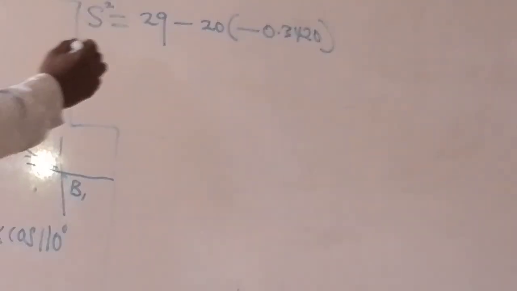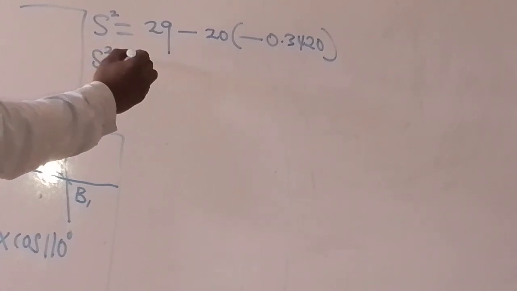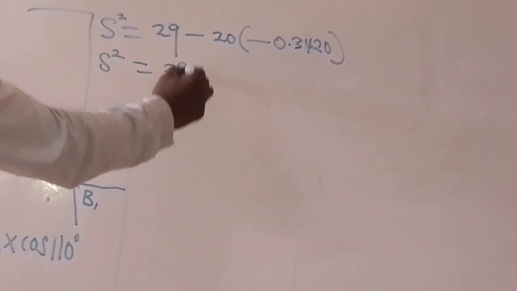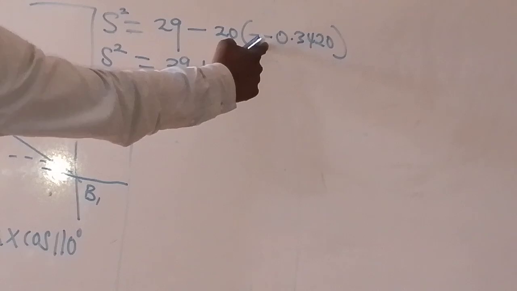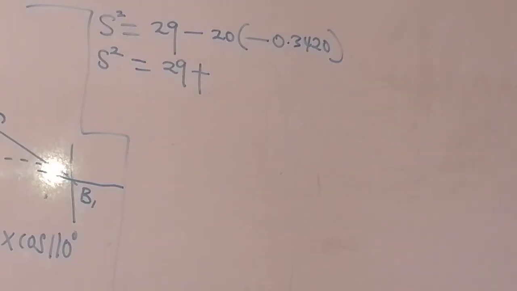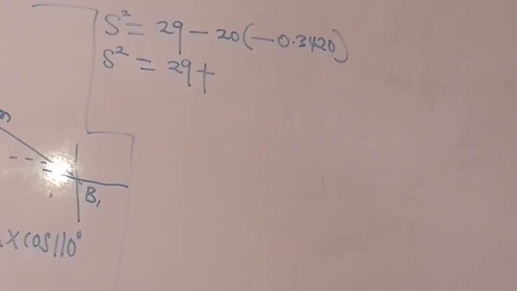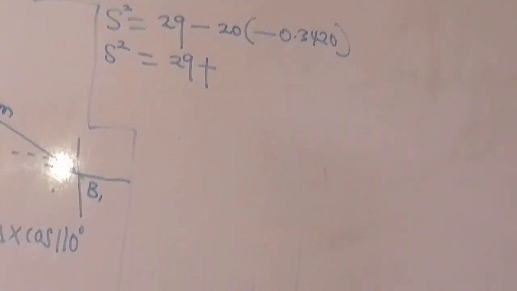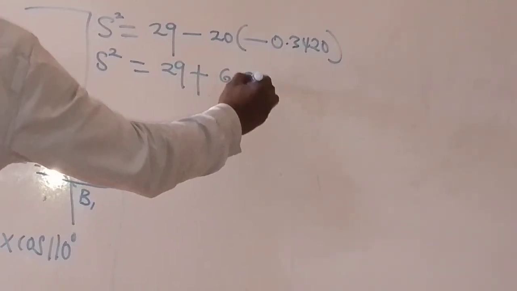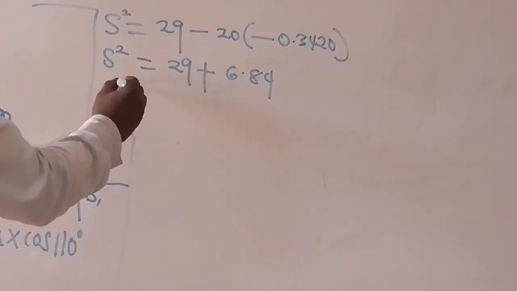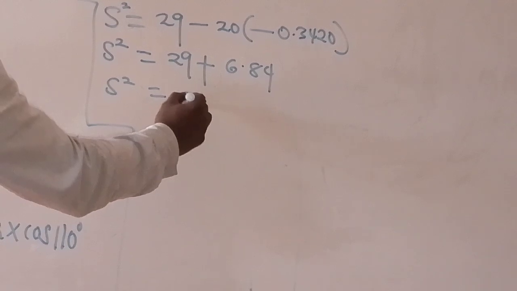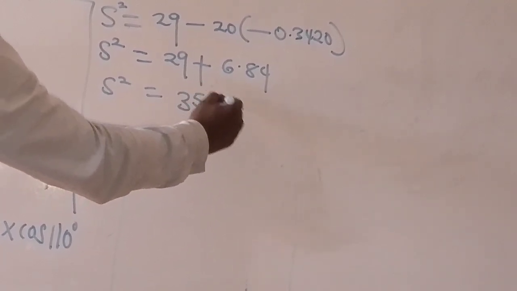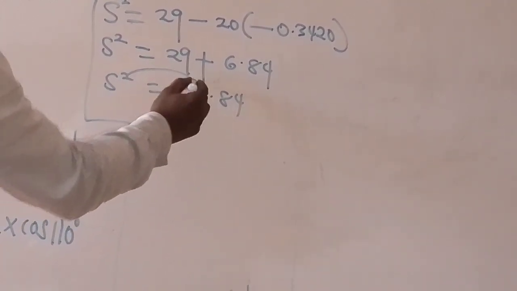So you have x squared equals 29, minus times minus is plus, then 20 times 0.3420 will give us 6.84. So here we got 6.84. Then we have x squared will be 35.84.